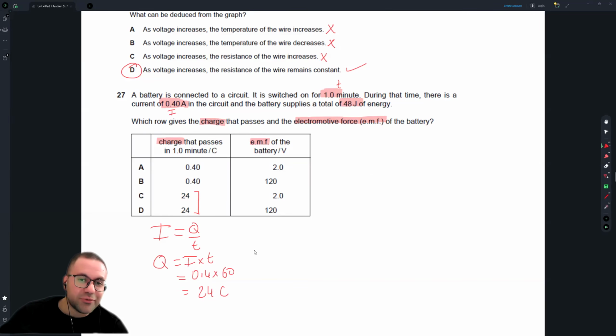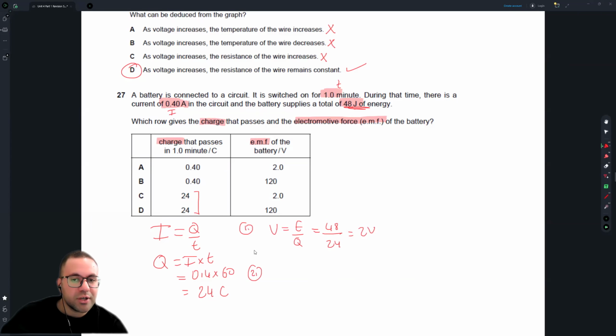Now, here you have a few options. You have energy. So option 1 is to use the definition of voltage, which is energy per charge or work per unit charge. And since we already got the charge from the previous step, you can say it's 48 over 24, which gives you 2 volts.